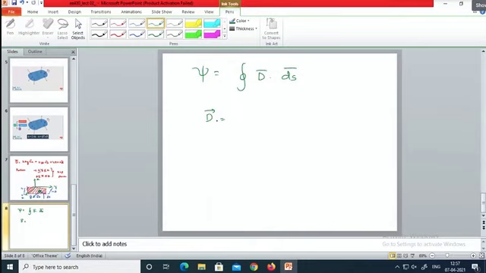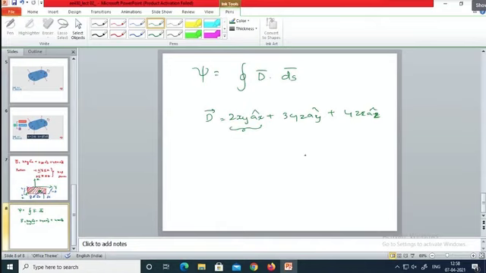But I need to take the component along the base vector, which is similar to the unit vector perpendicular to the surface. So this is the component of the D vector which is perpendicular to the surface. So I need to retain only this part. The rest of the things become zero.